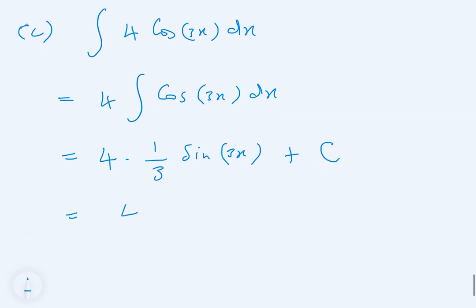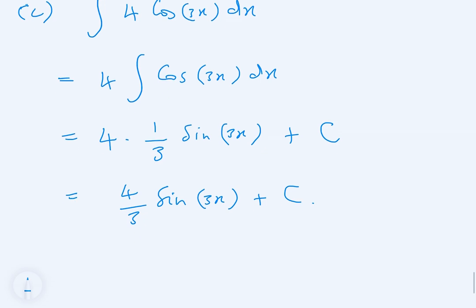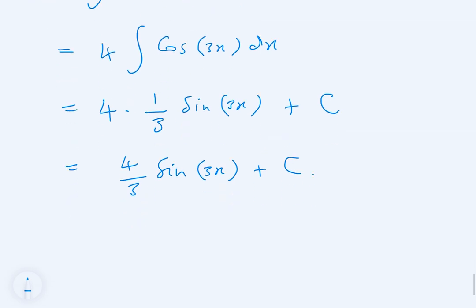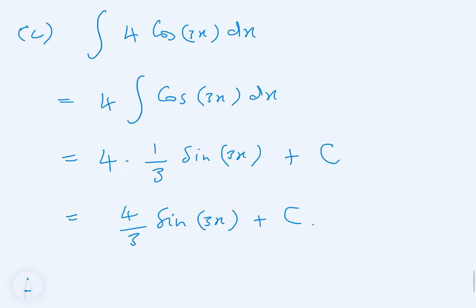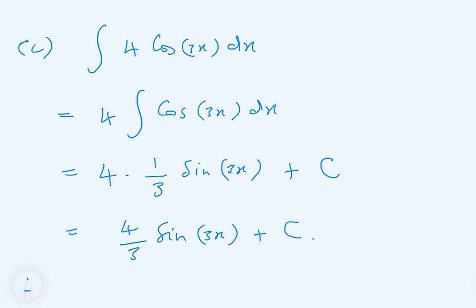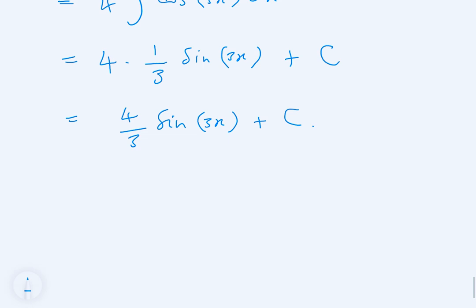So this is basically just 4 over 3 multiplied by sine of 3x plus c. You just use the formula sheet or the substitution rule, but I suggest you just look at the formula sheet and quickly do it like this.